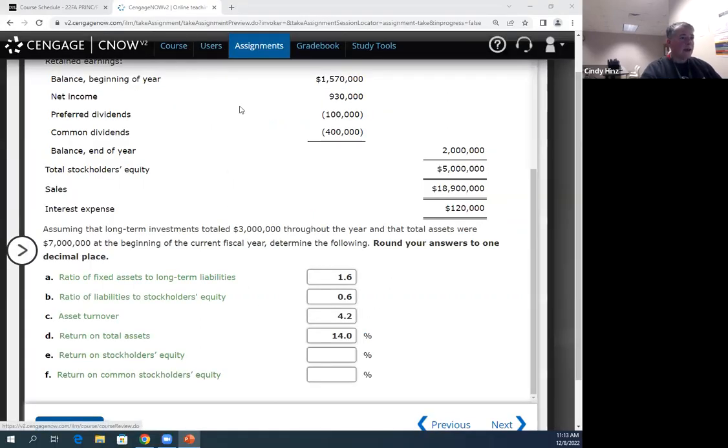So return on stockholders' equity. In the numerator, we start with the net income, which was given as $930,000. And the denominator is going to be their average stockholders' equity.